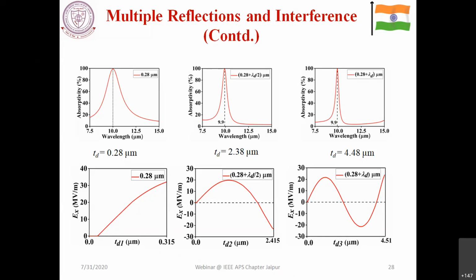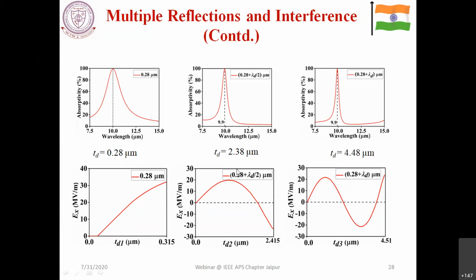Now once you are changing it by lambda d by 2, that is by the half wavelength thickness, okay, you can see the Ex value is getting changed with a half sinusoid. And once you are making it 2 times lambda d by 2, you are having a full sinusoidal variation of this particular one.